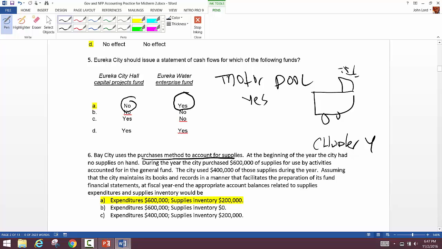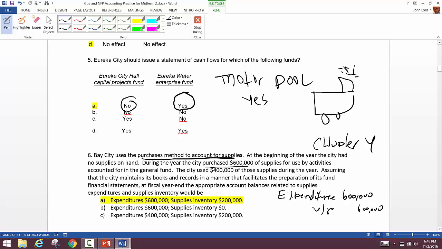Under the purchase method, we treat it as expenditure, don't we? So if they purchase inventory for $600,000, they should debit expenditures for $600,000, right? And credit what? Vouchers payable, cash, whatever. Right? Okay.